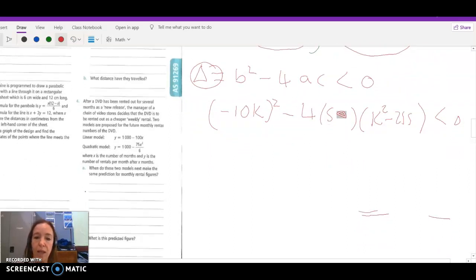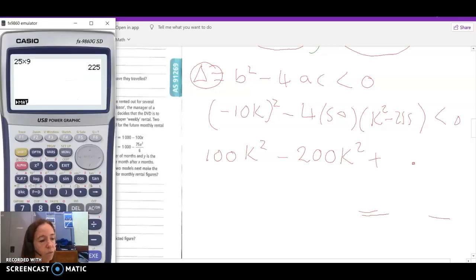So this will give me 100k squared minus 4 times 50. 4 times 50 is 200. Minus 200 times k squared, and then minus 200 times minus 225 is plus. Oh my gosh.